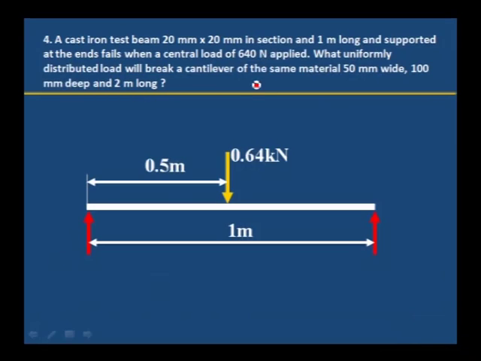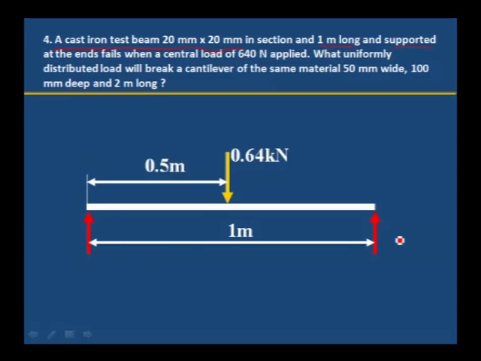Let us take the next problem, the fourth problem. A cast iron test beam, 20 mm into 20 mm in cross section and 1 meter long, is supported at its ends.